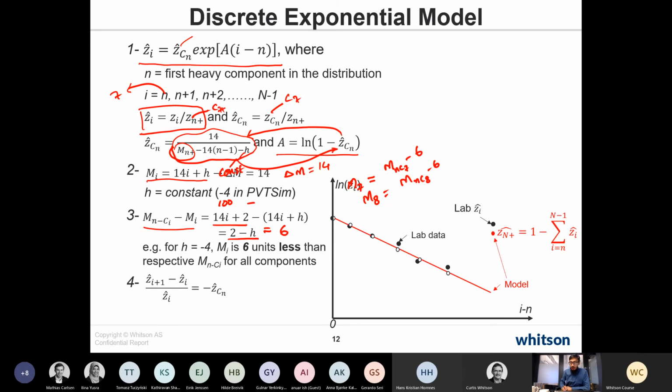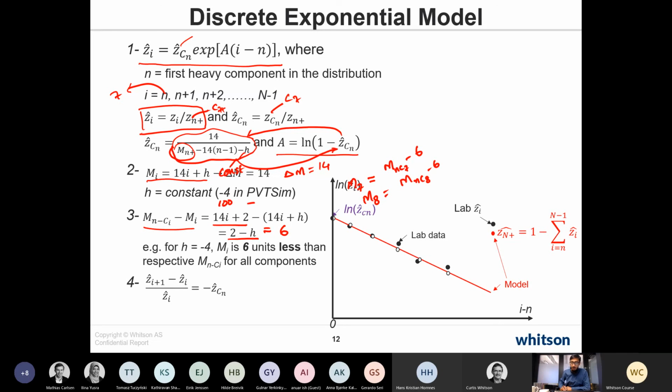That's your model. And the amount of the heaviest fraction, this is Zn plus, so n is the heaviest fraction we have. That is just calculated by 1 minus the sum of all mole fractions until n minus 1. So that's the lab reported Zi, and that's what you have calculated from the model.